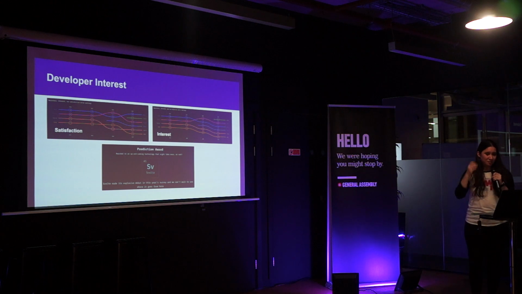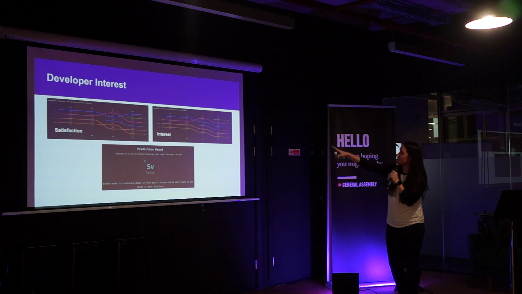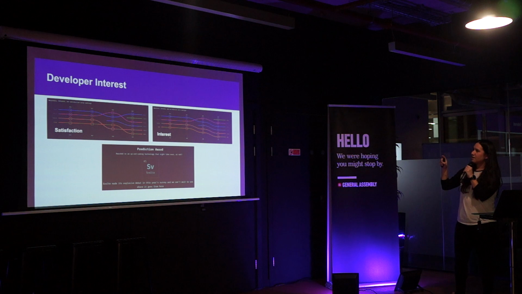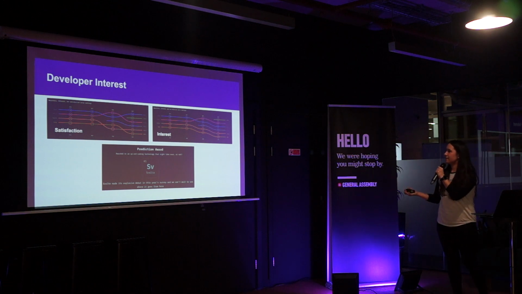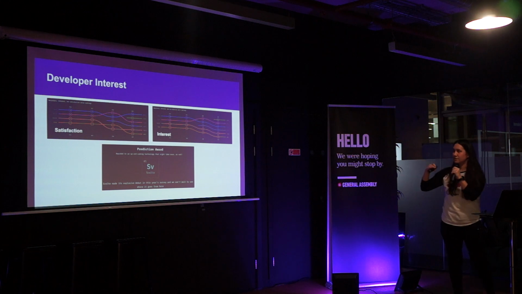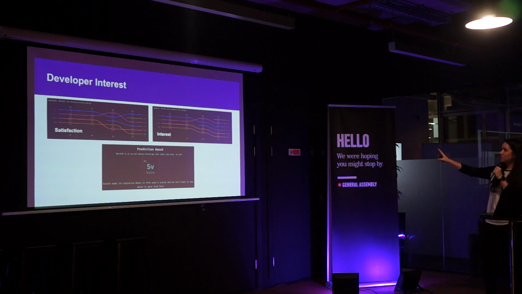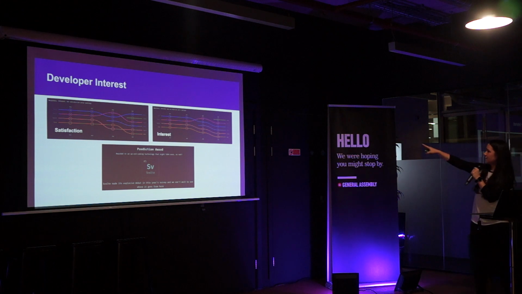But in terms of satisfaction, Svelte came second, just under React, and then in terms of what we've been testing, Vue, and then Preact right underneath. I thought this was really interesting considering how recent Svelte is. And then here, in terms of interest, Svelte is the most popular. It's that tiny green line there.